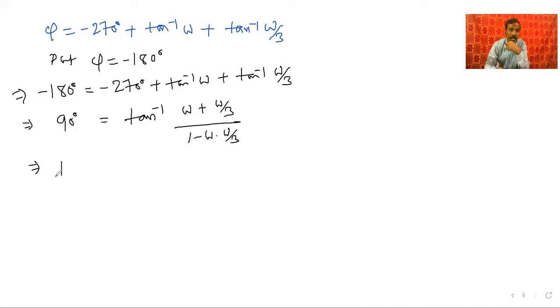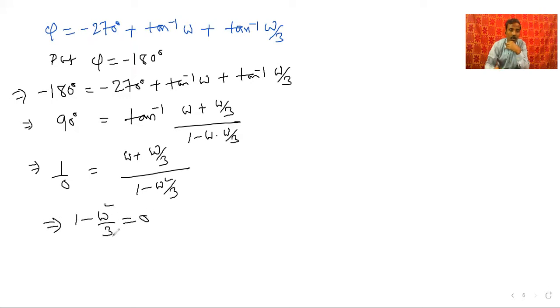Tan 90 is infinity, so 1 by 0: omega plus omega by 3 divided by 1 minus omega square by 3. This implies 1 minus omega square by 3 equals 0. So omega square by 3 equals 1, which implies omega square equals 3.